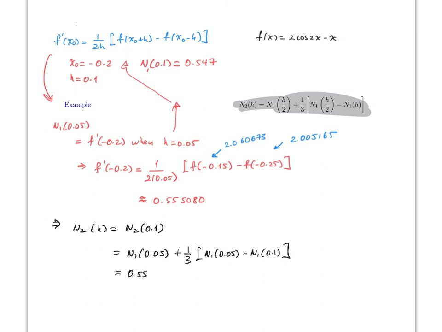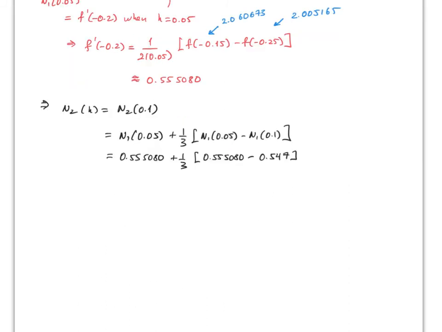So this should equal 0.5550, 80 plus 1/3 times 0.5550, 80 minus 0.547. And all of this equals 0.55777. Again, you should stop the video and check.